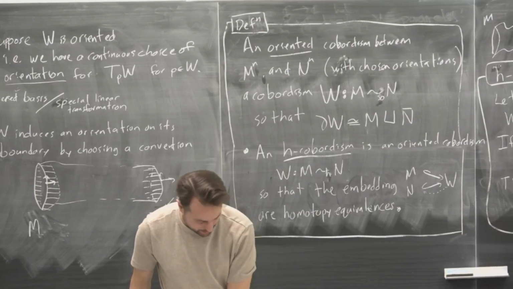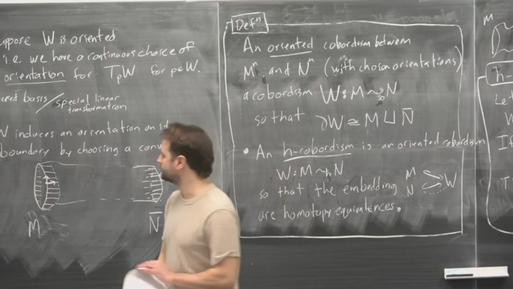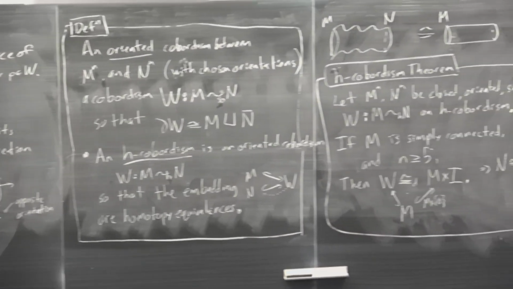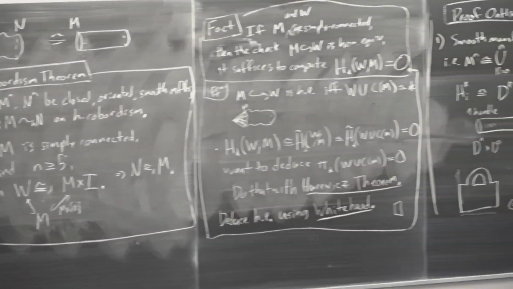Yeah, I'll wait until I introduce a little more language. Yeah, that's fine. Okay. Can all of these be written nicely using the boundary connected sum? Nope. No, that's a very particular example of a handle.